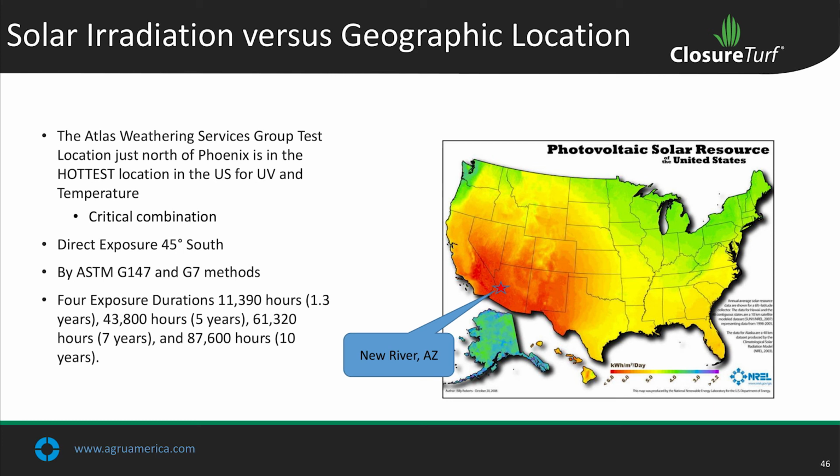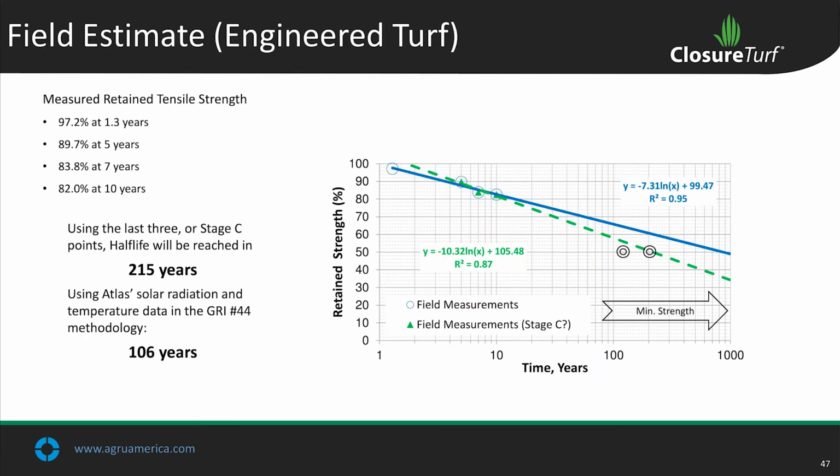They had turf samples sitting at a direct exposure, 45 degrees south, monitoring and controlling the measurements using these ASTM methods, and had 4 exposure durations: 1.3 years, 5 years, 7 years, 10 years.